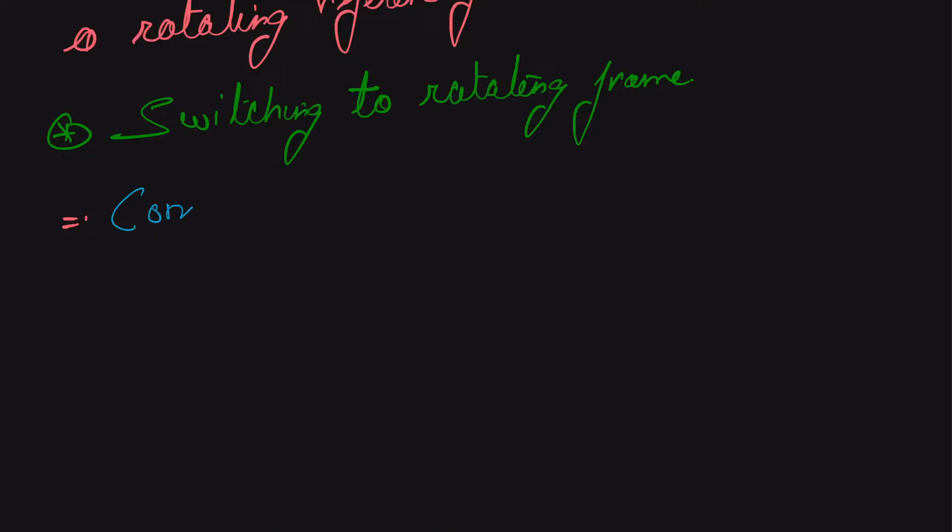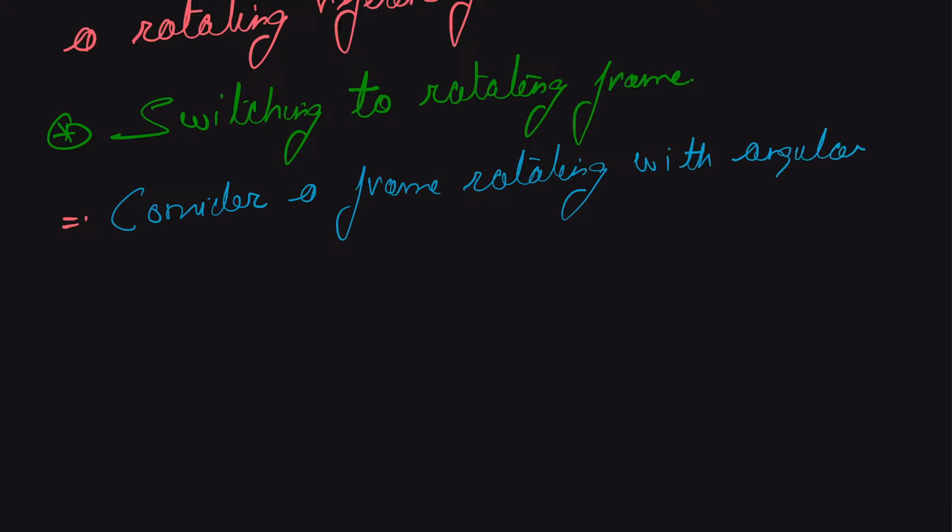Consider a frame rotating with angular velocity omega z unit vector, and in this particular frame the center of mass, the center of the ball, we can assume that it is at rest.